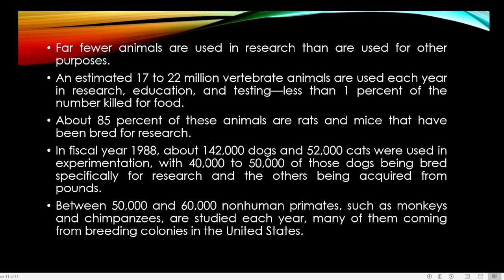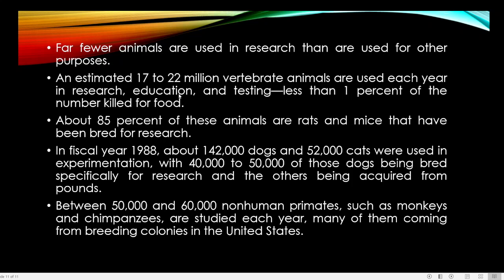So here the last point is that fewer animals are used in research than earlier. Because of increased animal welfare measures, an estimated 17 to 22 million vertebrate animals are used each year in research. 22 million means 2.2 crores of animals.